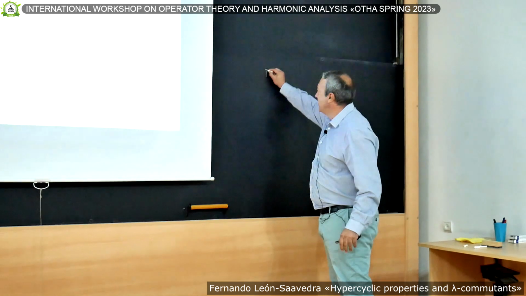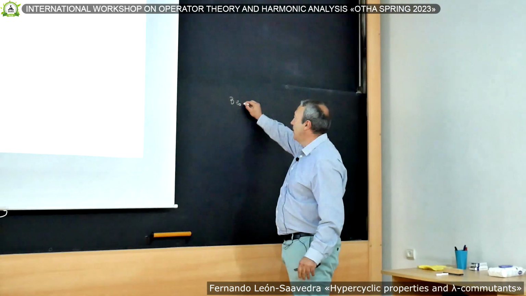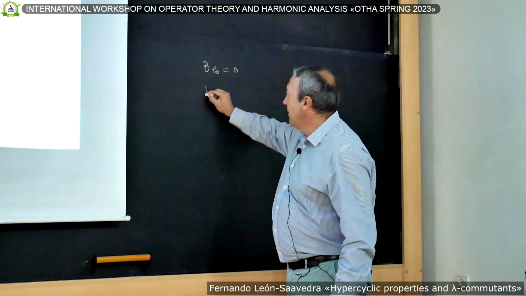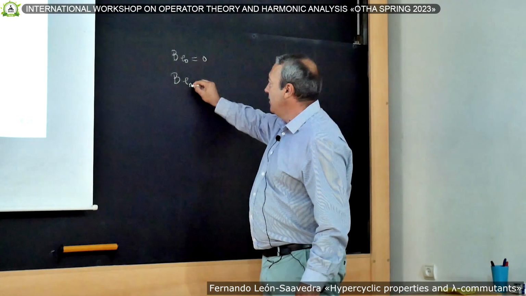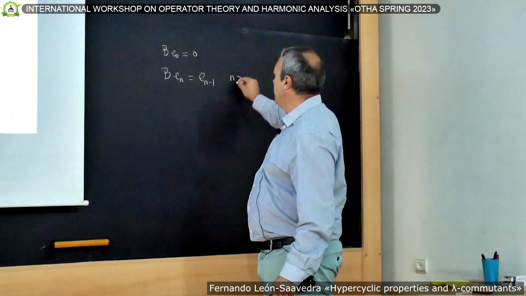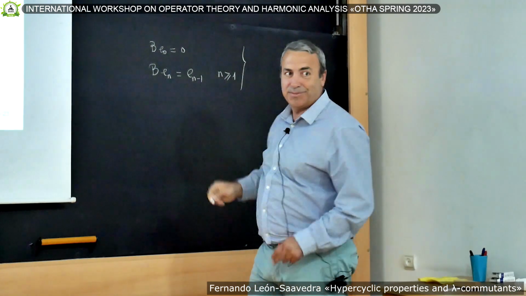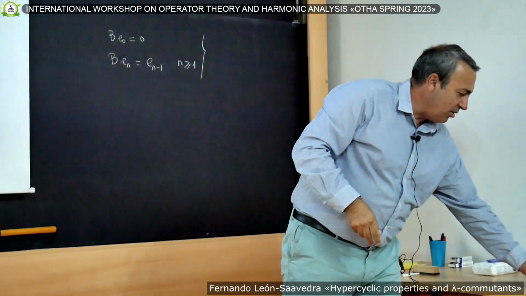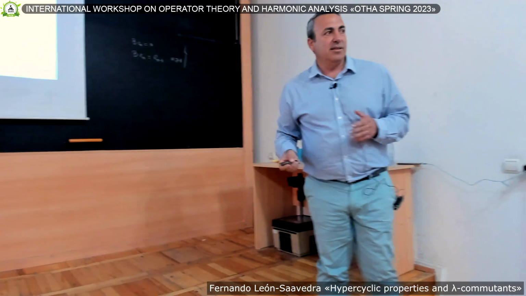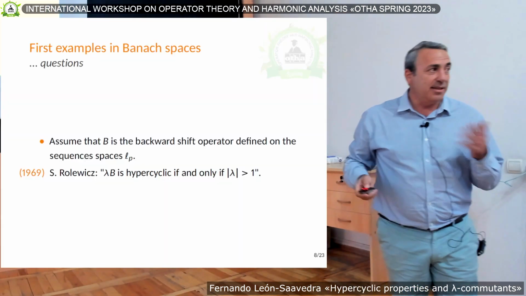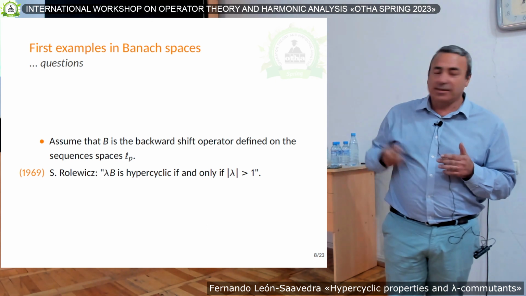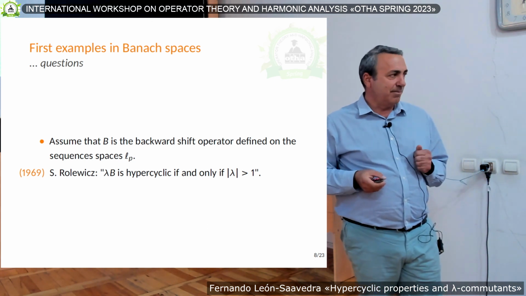B acting on e0 is equal to 0, where e_n is the canonical basis of l^p, and B acting on e_n is e_{n-1} for n bigger than or equal to 1. This is the backward shift operator, okay? And Rolewicz proved that lambda B is hypercyclic if and only if lambda is a complex number whose modulus is strictly bigger than 1, okay?